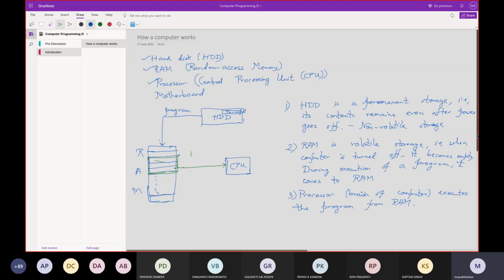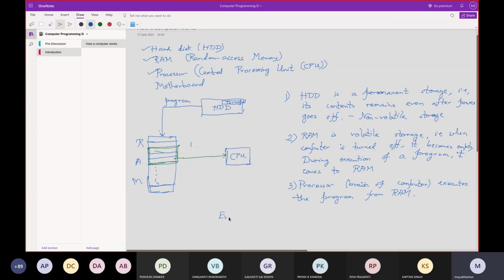Every program is in fact a sequence of instructions. Now, what does this instruction mean? Again, I've just given another terminology. I'll demonstrate that later.